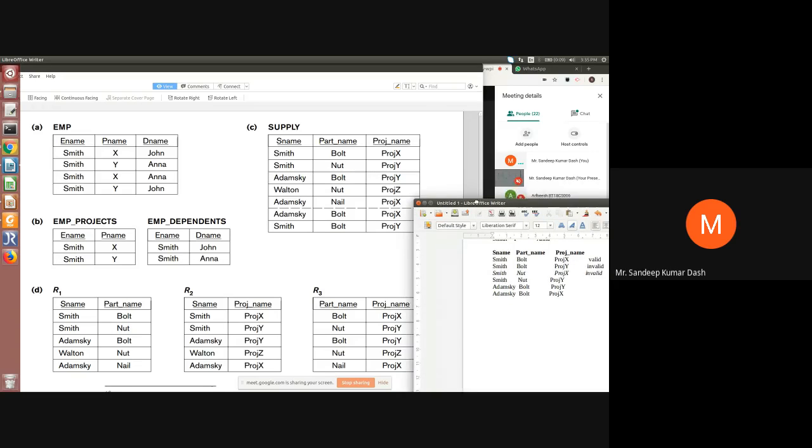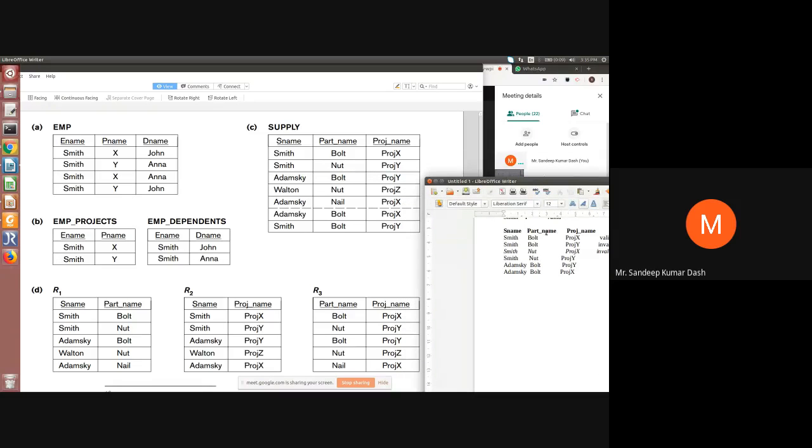Shall we try? Here already you have combined Smith bolt, Smith project X, then Smith bolt, Smith project Y, then Smith nut, Smith project X, then Smith nut, Smith project Y. Okay, this 3 you have already, this 4 you have already got.